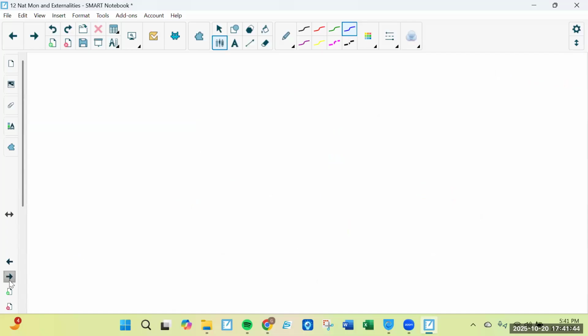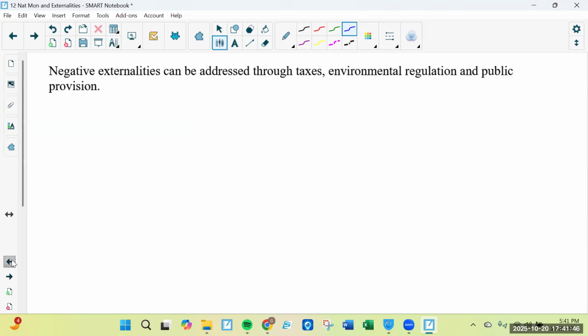All right. Now, how do we fix this? Externalities can be addressed through either taxes, environmental regulations, or public provision. Tax is just what it sounds like. It's a negative one, so we want less of it, so we tax. Specifically, we want it to be a per unit tax.